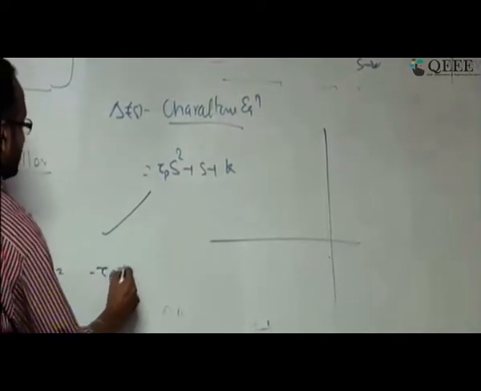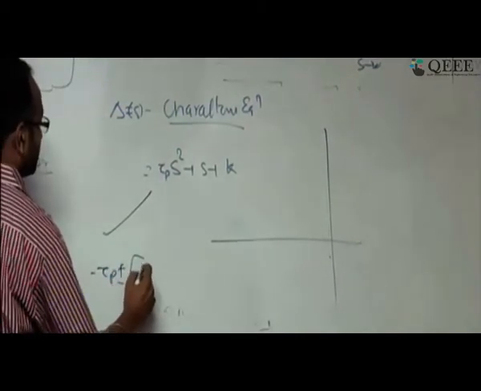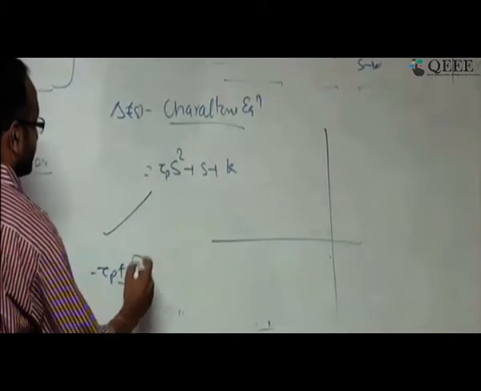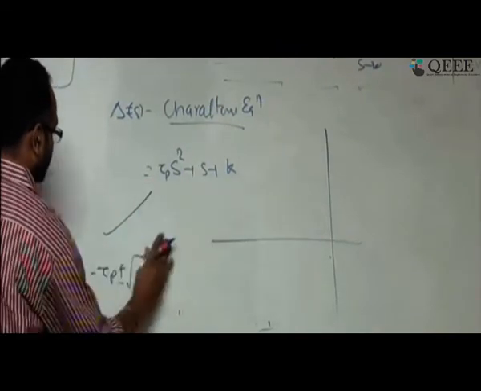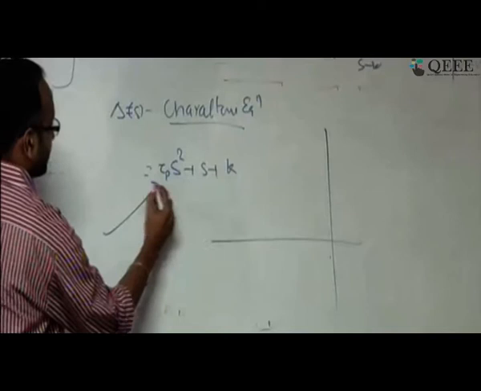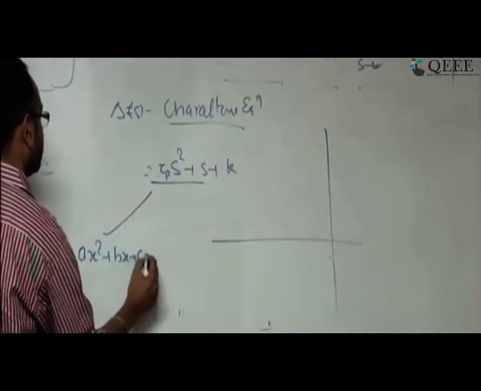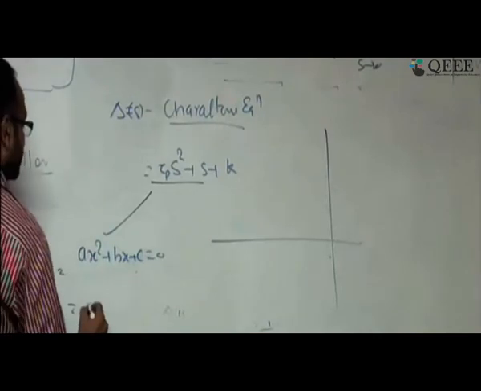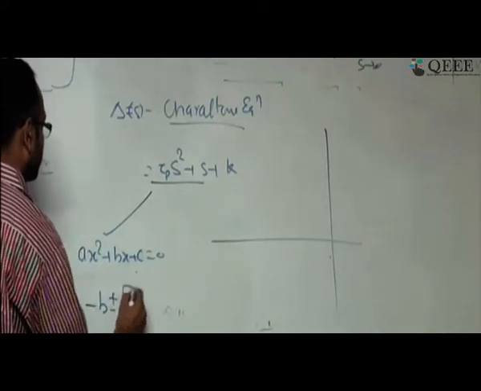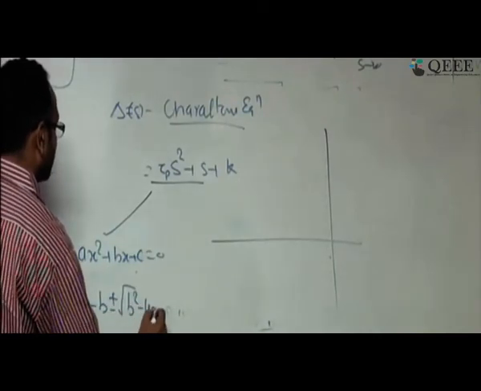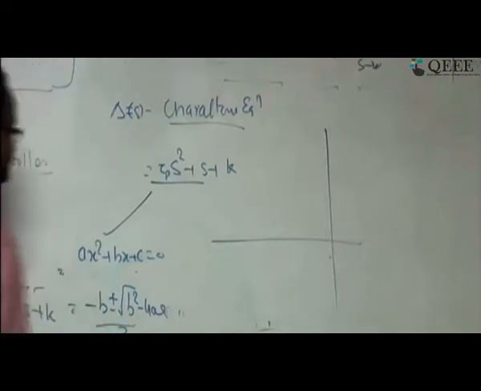What are the roots going to be? Sorry, this is a second order system, correct? All of you know that ax squared plus bx plus c equal to 0 is a quadratic equation. The roots are going to be minus b plus minus square root of b squared minus 4ac, divided by 2a, correct?